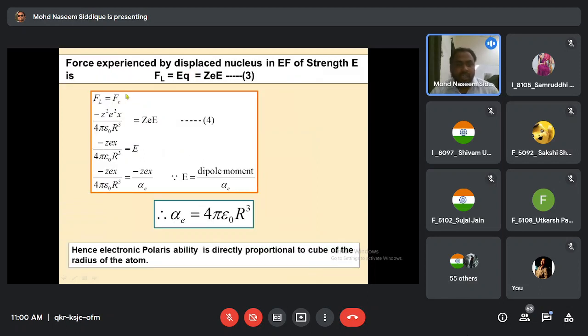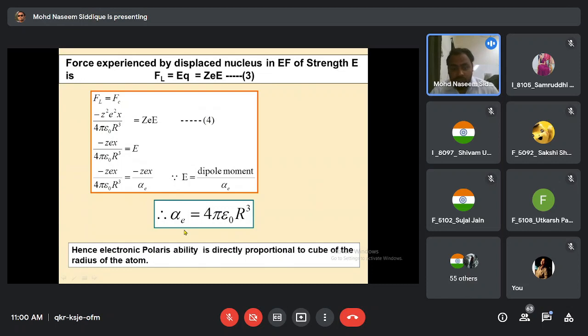In the next slide, as I told you, the Coulomb attractive force will balance the Lorentz force at equilibrium. So we can find the relation: alpha naught, the electronic polarizability, is equal to 4 pi epsilon naught R cube. This is the final relation of the electronic polarizability.